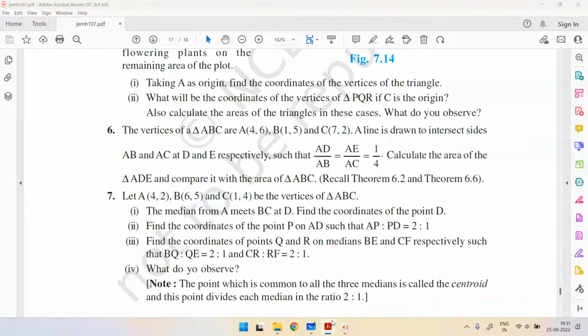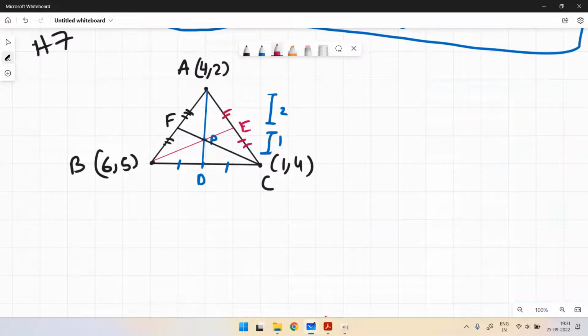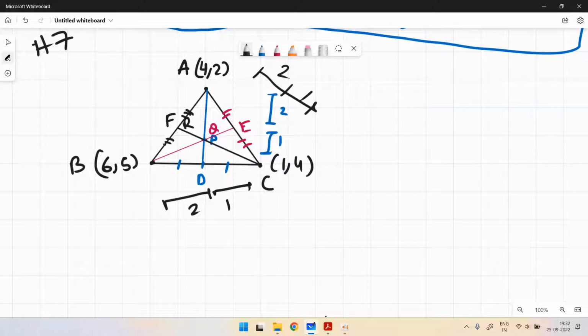So this is Q and the other will be R. So this will also be 2:1, this thing is 2:1, and this thing from here to here will also be 2:1.